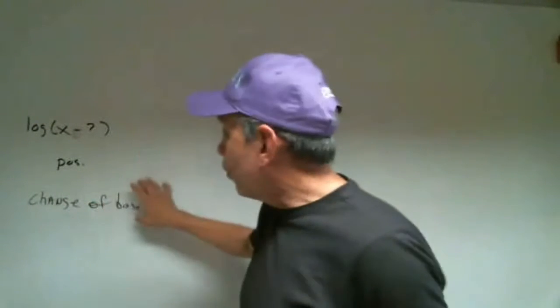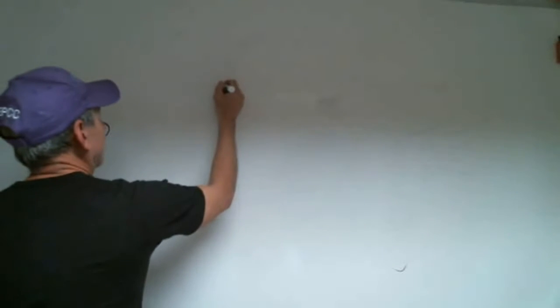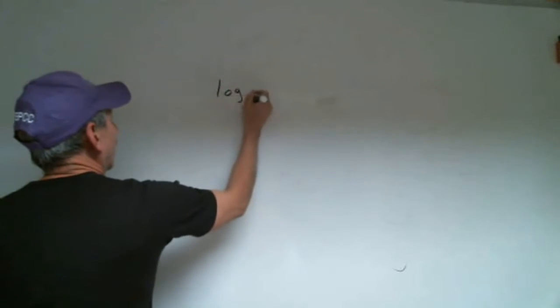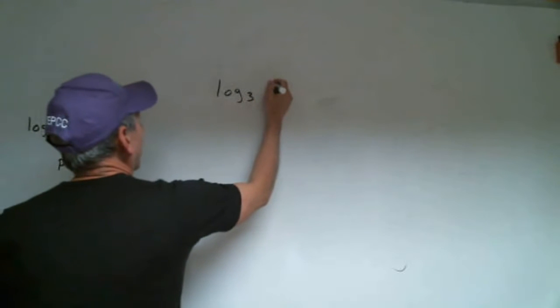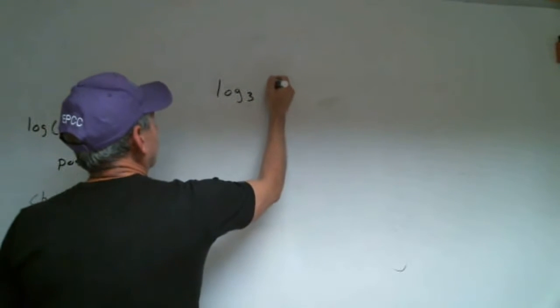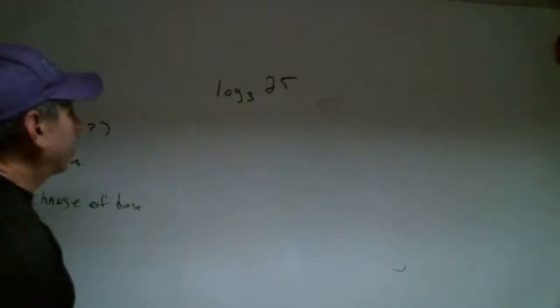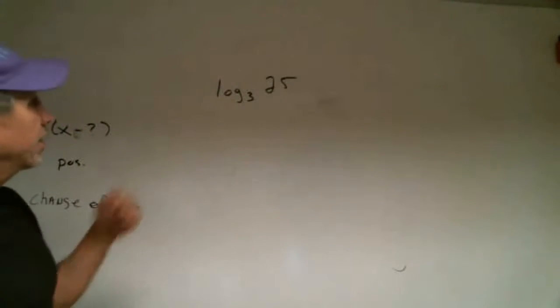Okay, one more thing. Let me show you the change of base. Remember what I said, so you have something like log of base 3 of 25. Here we're going to apply the change of base to get the answer.